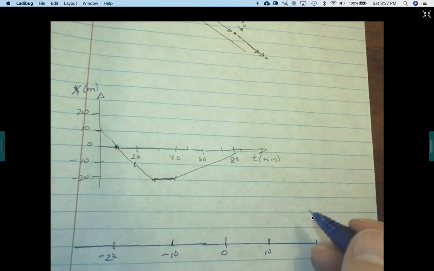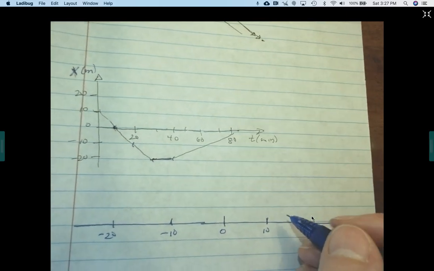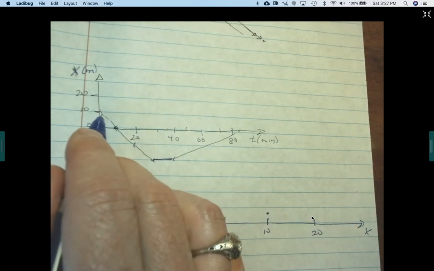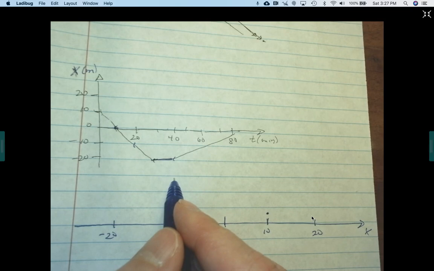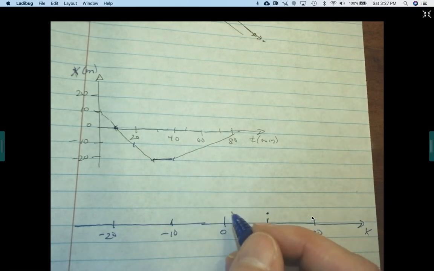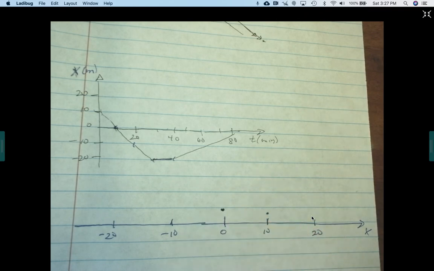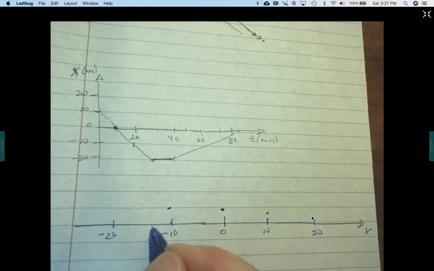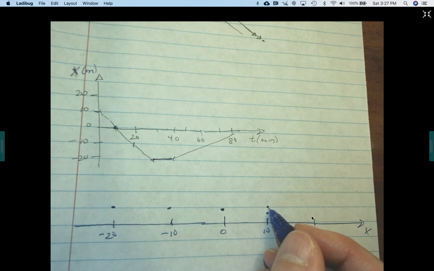Our motion map is going to start with the object at 10, and it's heading back toward the origin, so it's moving back to 0, and then back to -10 and -20. And there it stops. Sorry, I should put those all above the same line.